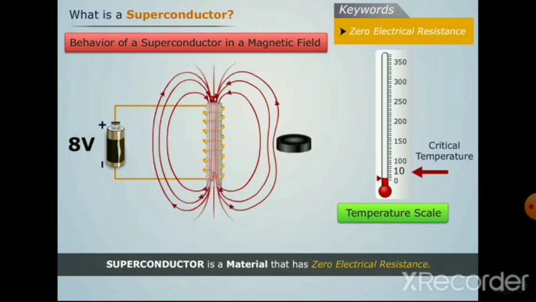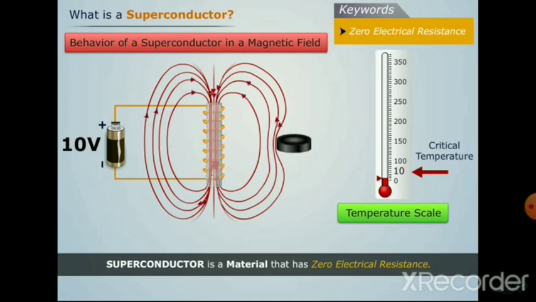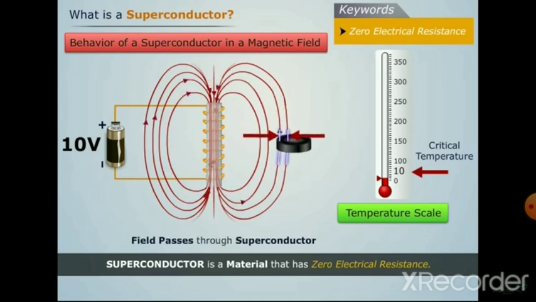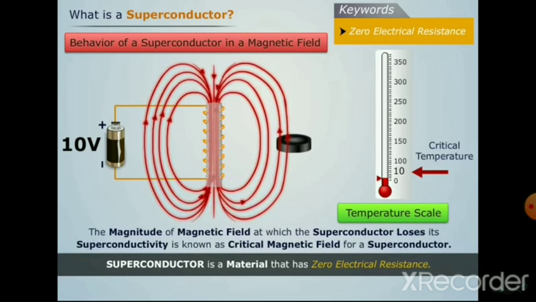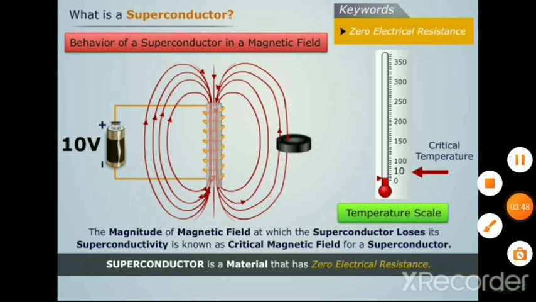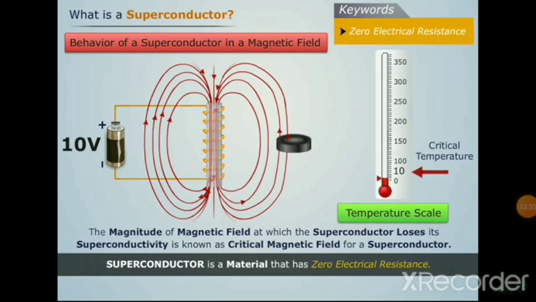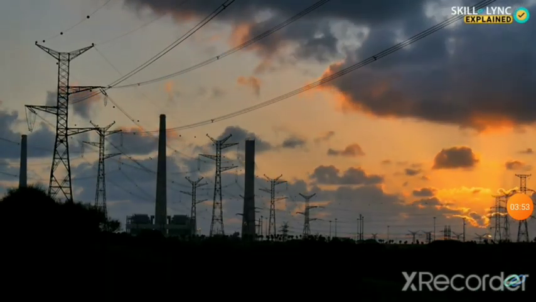Now, if we keep increasing the intensity of the magnetic field, we see that a stage comes when the magnetic field penetrates through the superconductor, thus destroying its superconductivity. The magnitude of magnetic field at which the superconductor loses its superconductivity is known as the critical magnetic field for a superconductor.